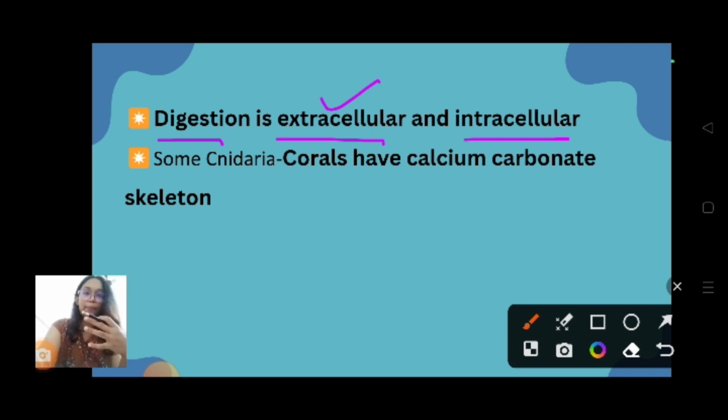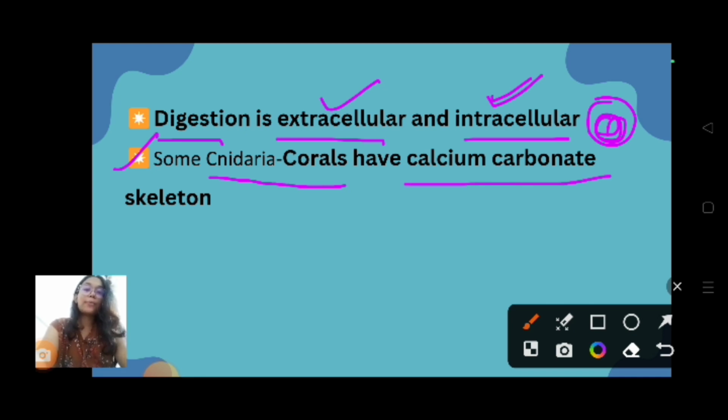In a particular system it is happening. Okay, and intracellular means it is happening inside the cell, inside the food vacuole. Okay, is it clear? Next point, it is saying some Cnidarian corals have a calcium carbonate skeleton. Is it clear?